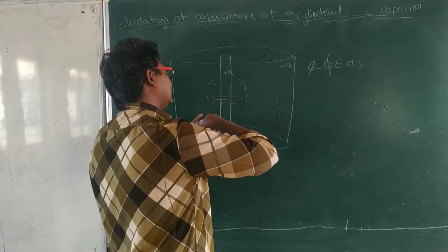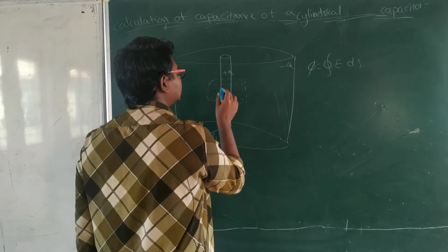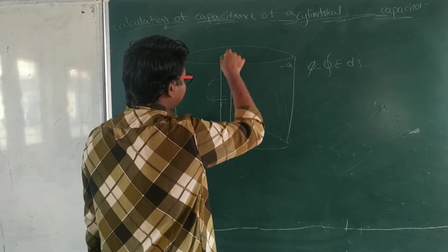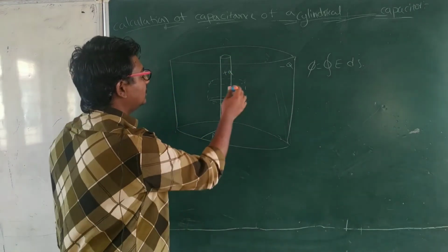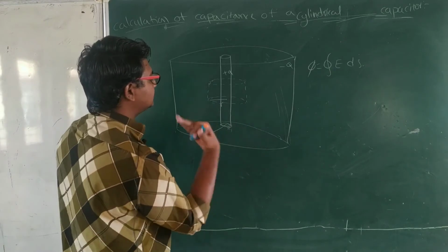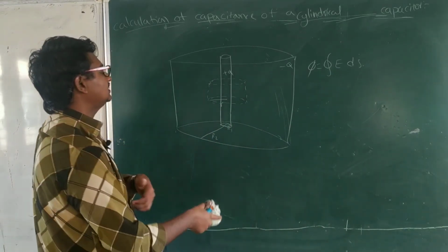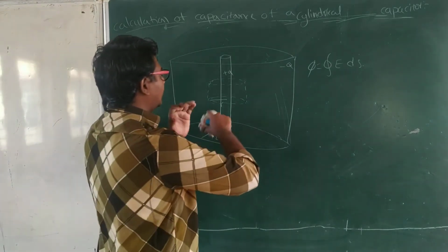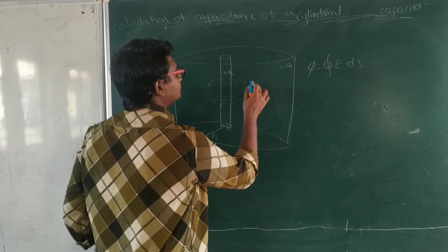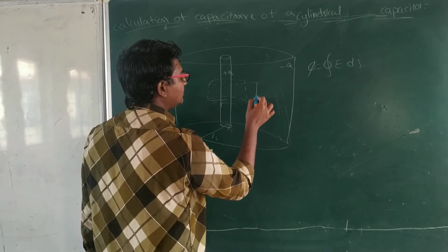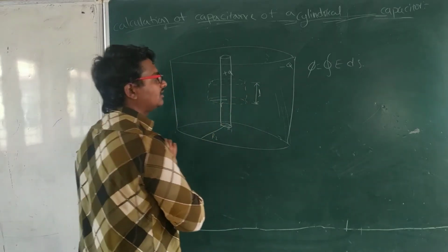Here the flux passing through these circular areas is 0, because this is a cylindrical charge. It means the electric field is going out radially, in the x and y directions, not in the z direction. That is the reason only the curved surface area will help us. Here the length is L, and the radius is small r.